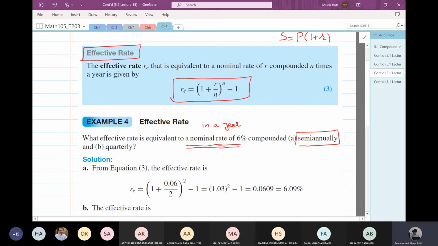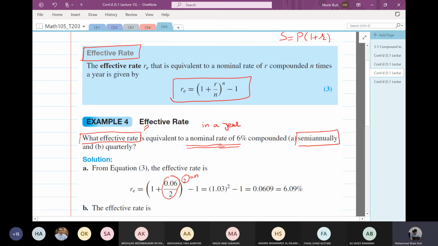But he asks us to find the effective rate semi-annually. He gave us the data in a year, but he asked us to find it in 6 months. So what will you get? You divide the data by 2 to get it in 6 months. Agree? So here the R will be 6% divided by 2. And the rest, what is this? In semi-annually, in a year, how many semi-annual periods will there be? 2.